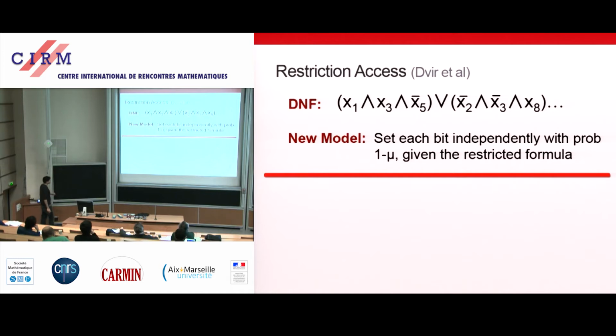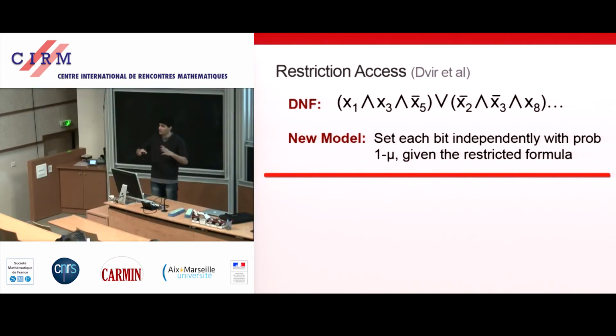The idea is, what if not all of the bits are set? Instead of randomly setting every bit, what if you only set 99% of the bits, and the remaining 1% of the bits remained live? What's going to happen is when you set a bit, you can actually do something to the formula. If I had a formula and x1 was set to false, then I could just prune the first clause because it is never going to get turned on.